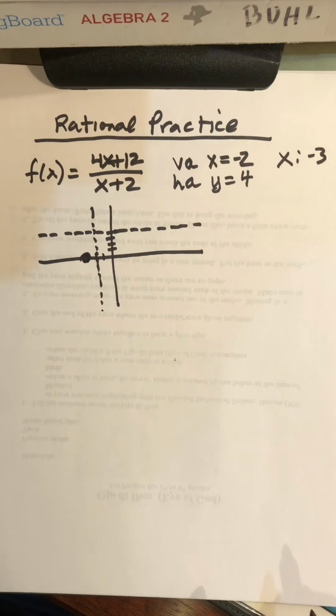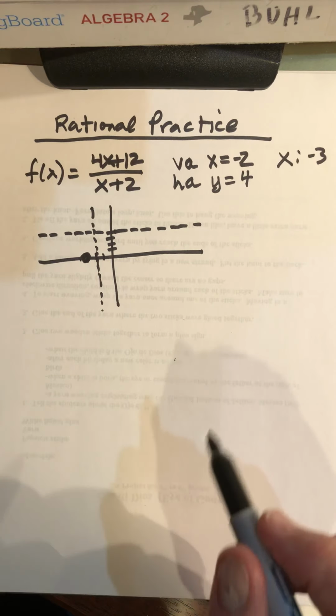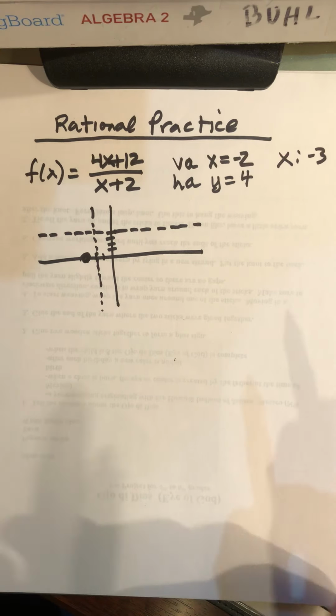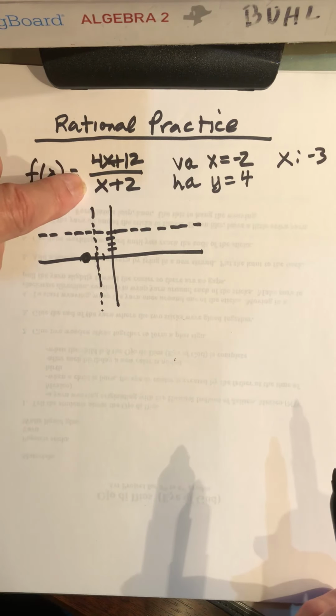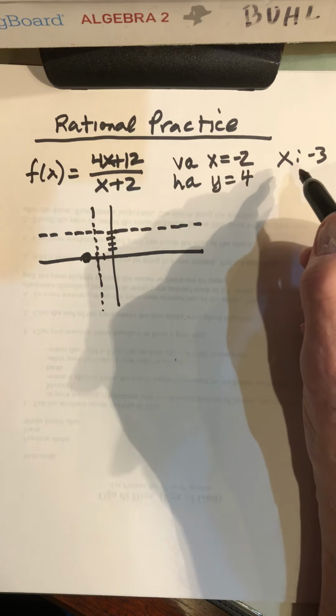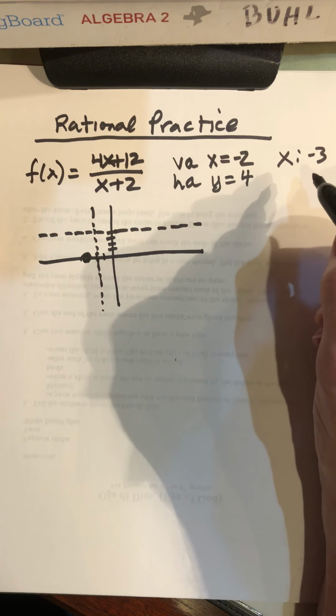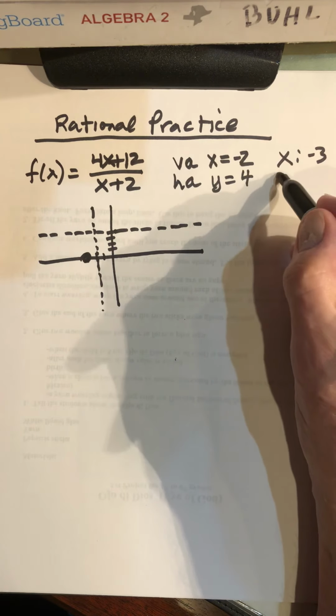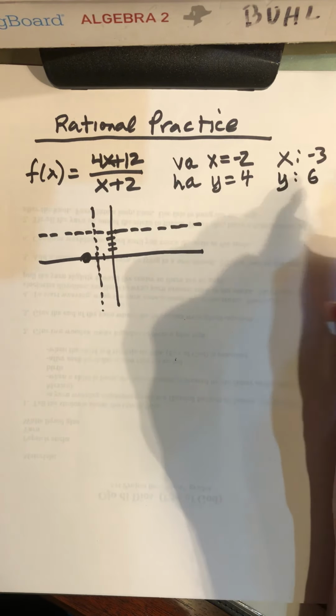All right, and what about the y-intercept? Well, the y-intercept occurs where x is 0. Okay, when x is 0, this becomes 12 over 2, which is 6. Is that right? Did I do that right? Yes. Y is 6.